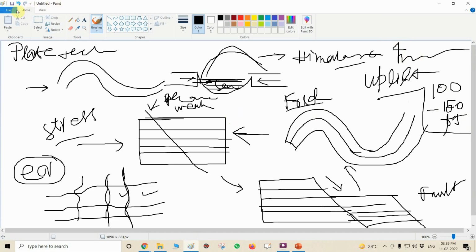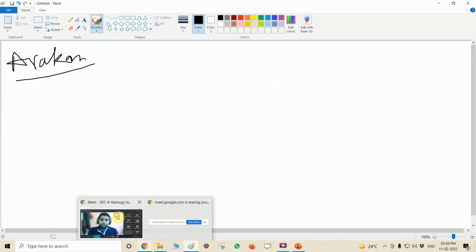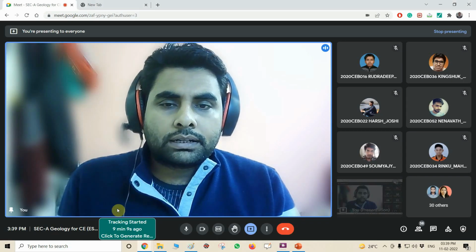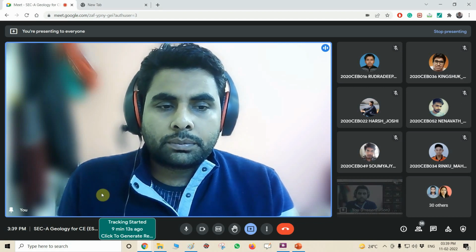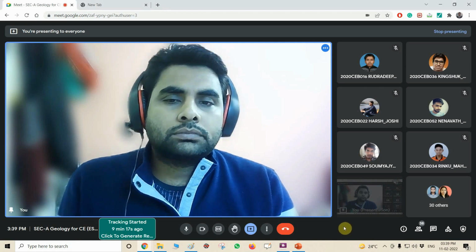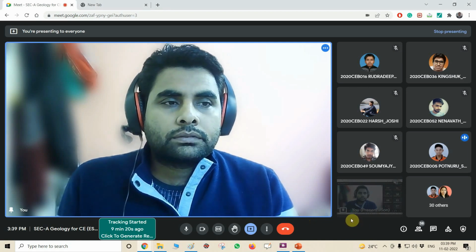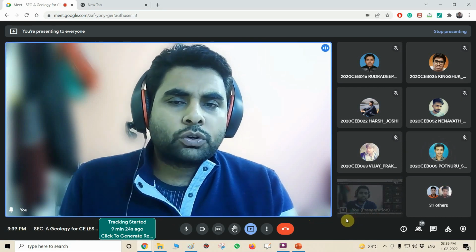There is another example of subsidence from the Arakan coast. Where is Arakan? Does anyone know where Arakan is? Anyone from Andhra Pradesh? Araku, that's the Araku Valley. I'm talking about the Arakan.